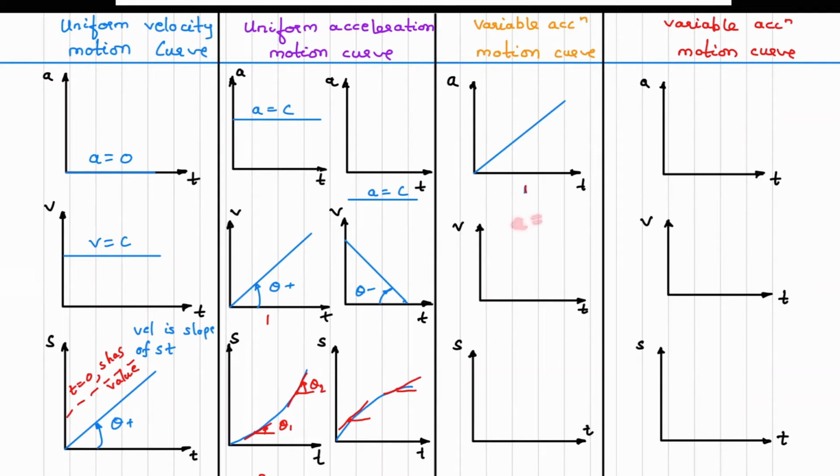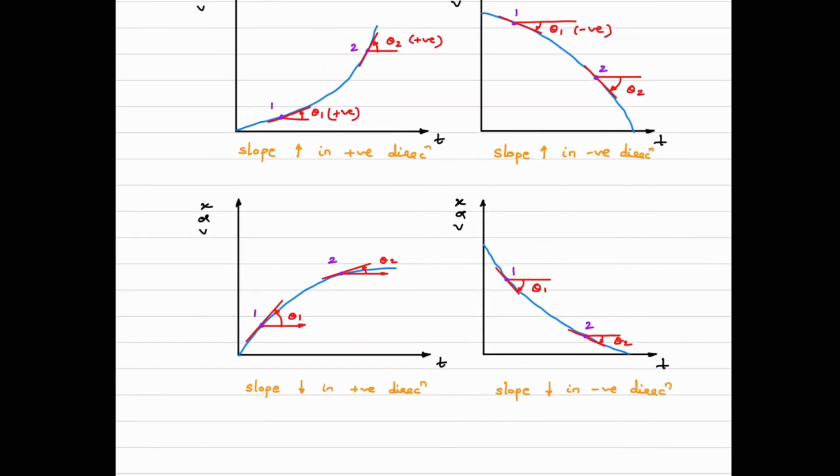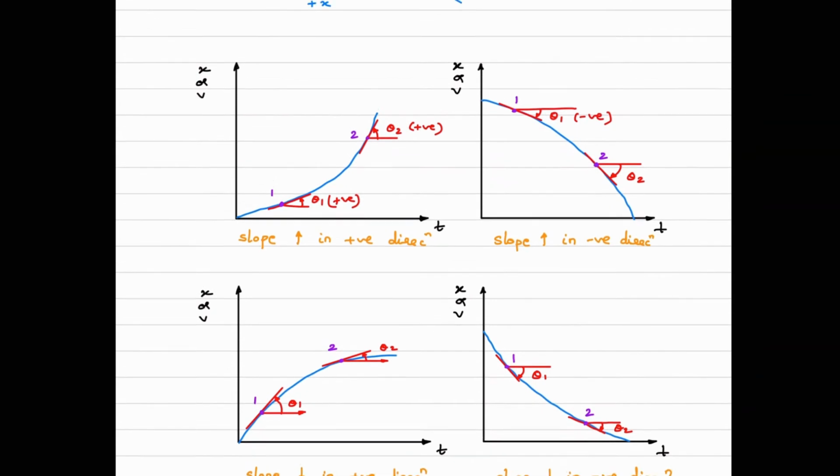Acceleration is slope of velocity time diagram. So A is equal to dV by dt. Now acceleration value is increasing. So slope on VT diagram, it should increase. Okay, slope should increase, and second thing is this magnitude of acceleration is positive. So slope should increase in positive direction. So which diagram you have to select? Slope increase in positive direction. So it will be like this.